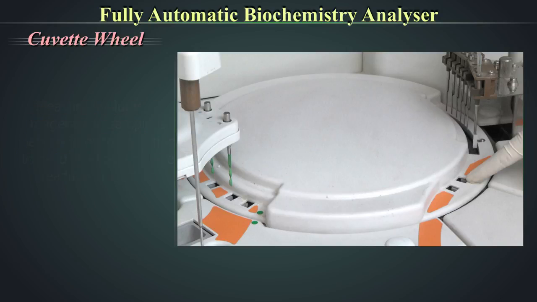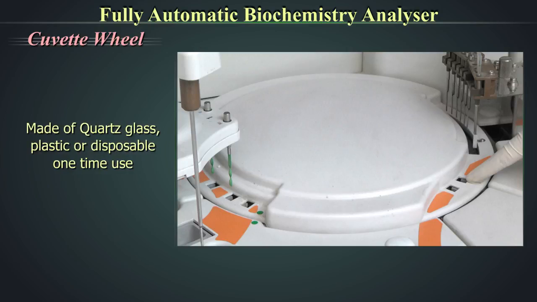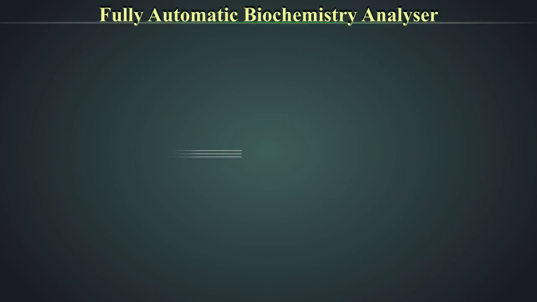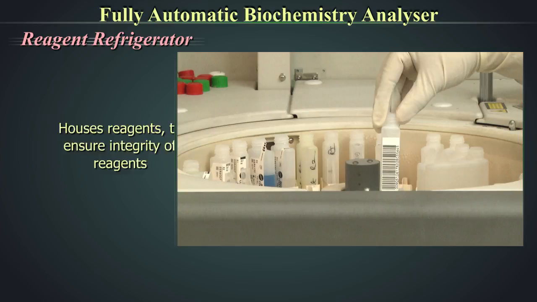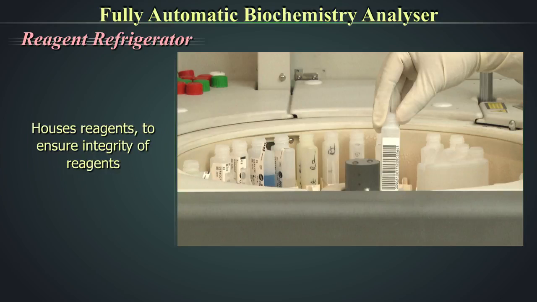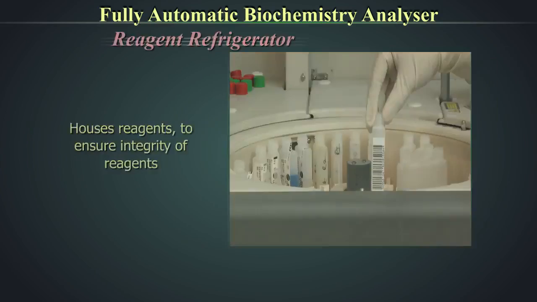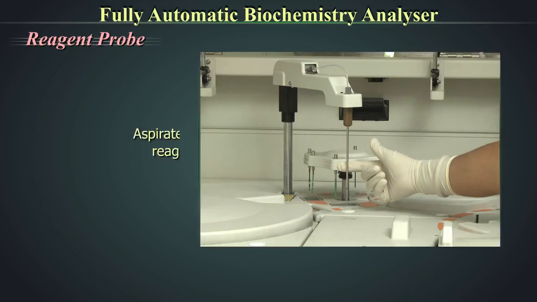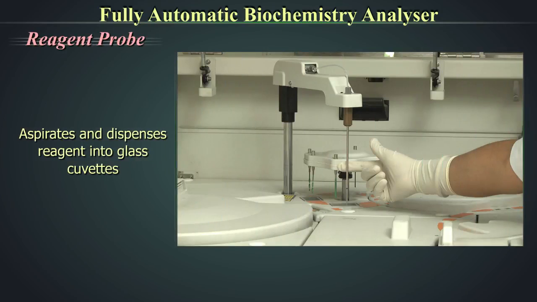The cuvettes are either made of quartz glass or plastic, or are disposable, one-time use. Refrigerated compartment, which houses reagents to ensure integrity of reagents. Reagent probe aspirates and dispenses reagent.